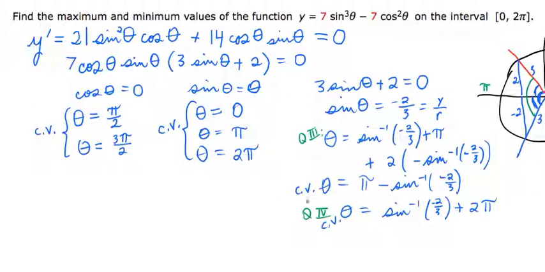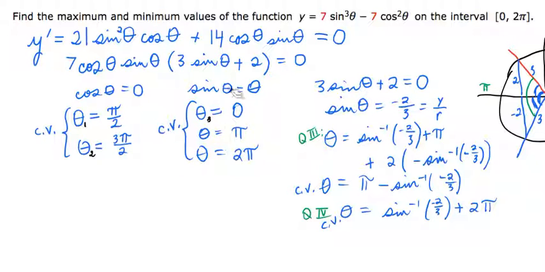So that gives us a total of 1, 2, 3, 4, 5, 6, 7 x or theta values to plug into the original function at which we would compare y values to see what's the largest and what's the smallest. 0 and 2 pi are already the endpoints, so I'm already counting those. Well, I have so many here. I'm going to label theta 1, theta 2, theta 3.